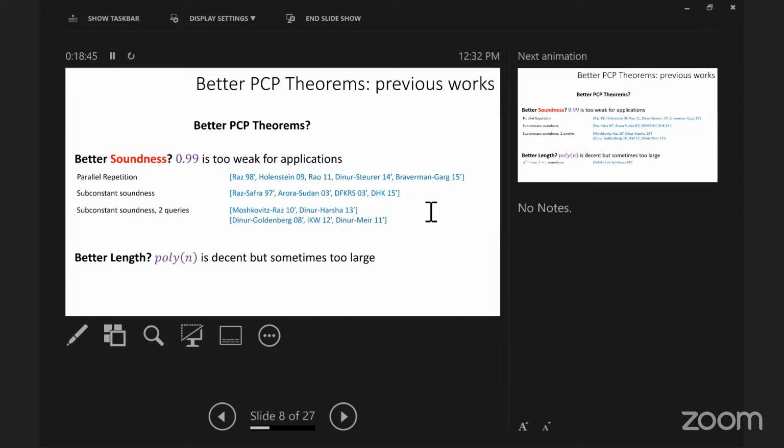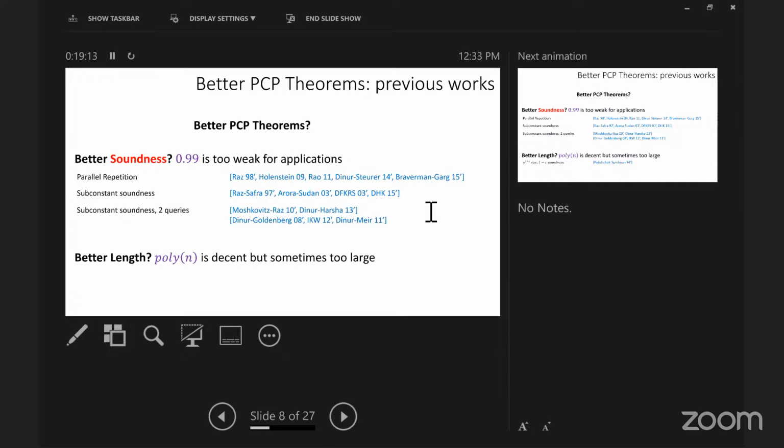But if you really care about 2-query PCPs, then this is substantially harder. And this was done first by Moshkovitz and Raz. And following that, there have been other ways to do it. But again, this is serious stuff. Cool. So as far as soundness is concerned, we do know how to get small soundness.